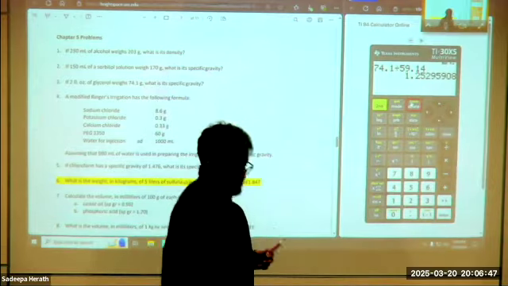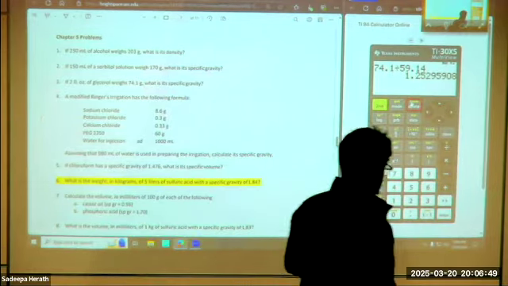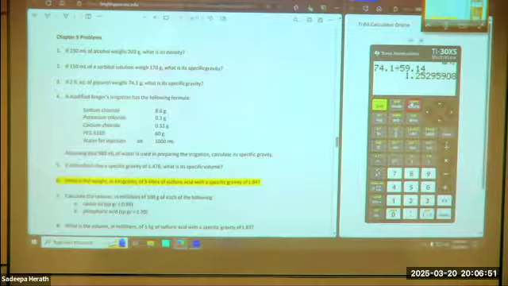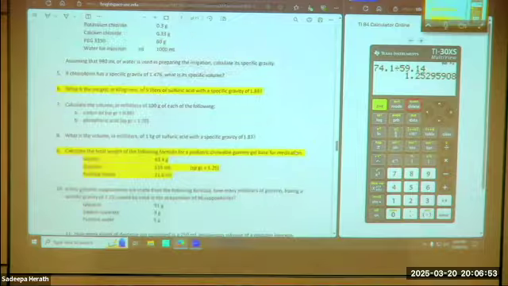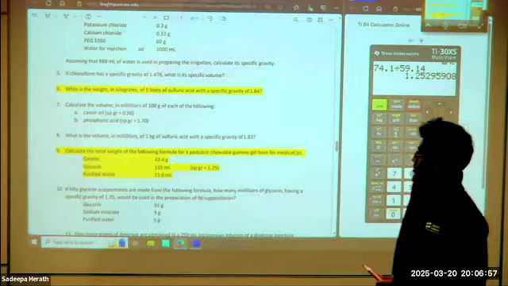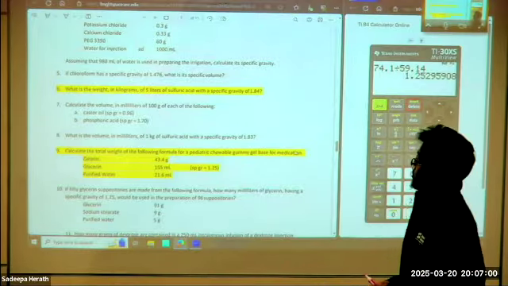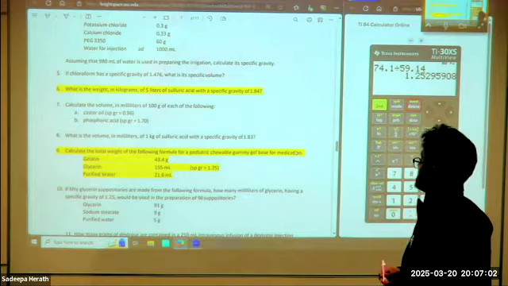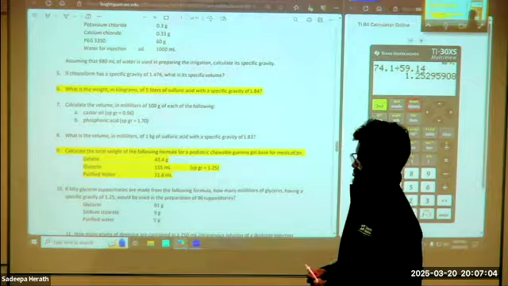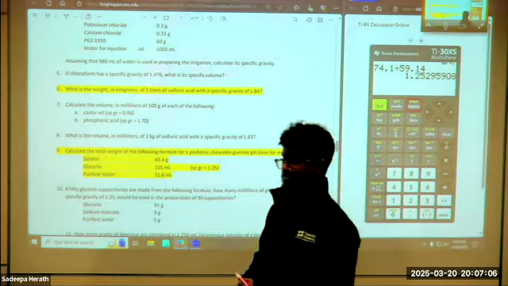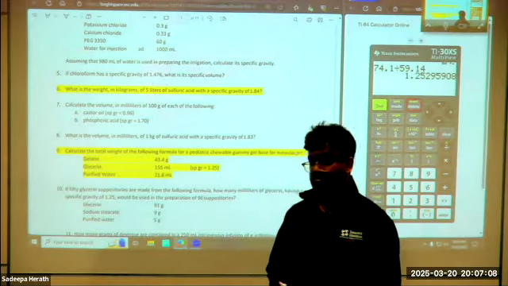All right. Next problem, number 5. If chloroform has a specific gravity of 1.476, what is its specific volume? So we talked about specific gravity. What is specific volume?